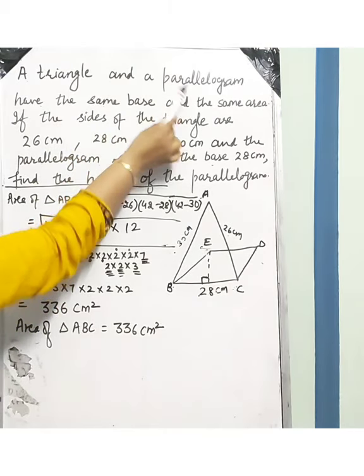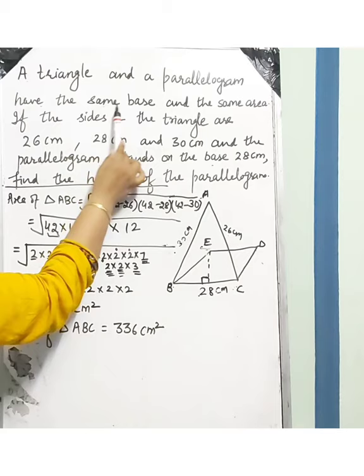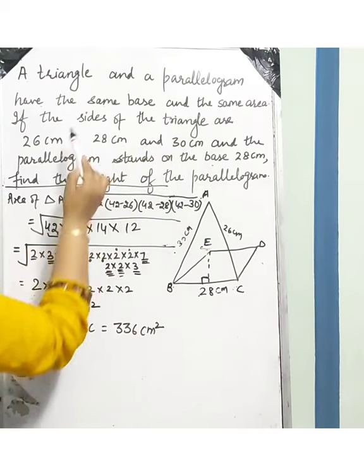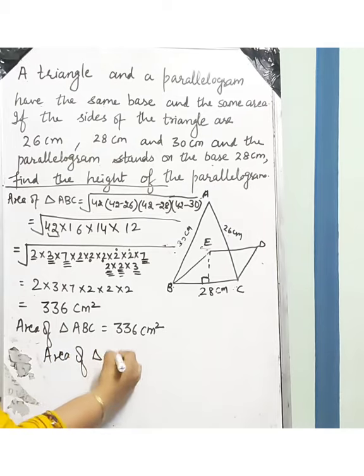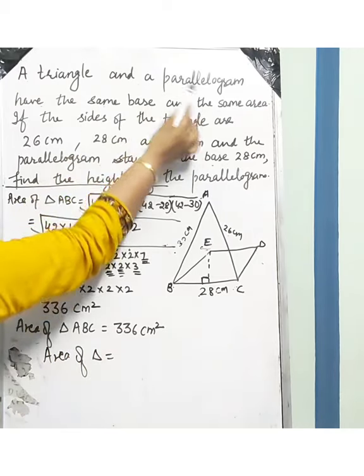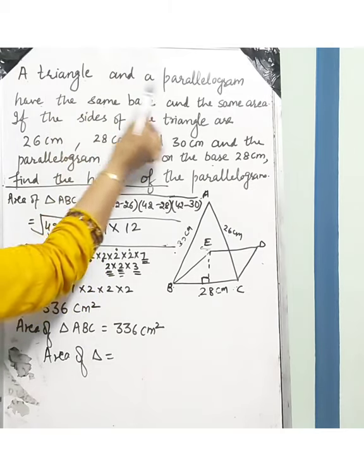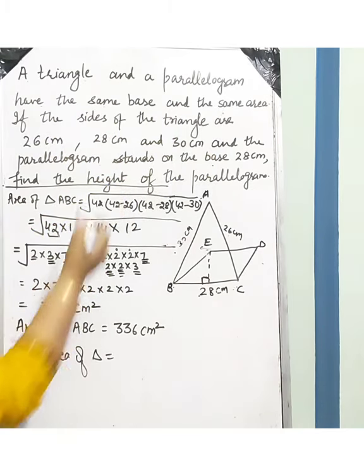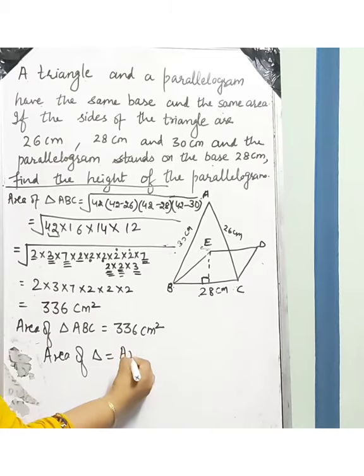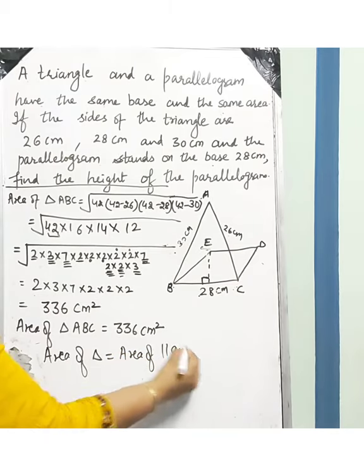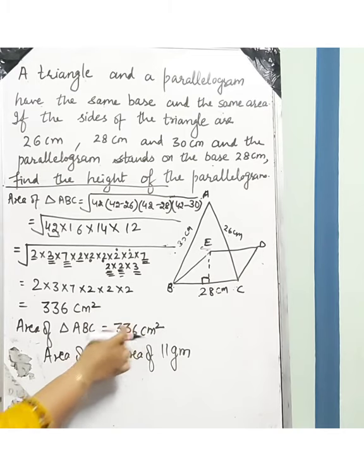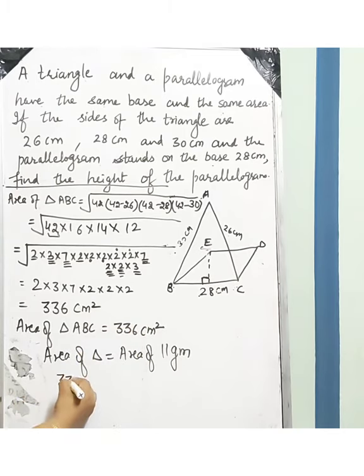A triangle and a parallelogram have the same base and the same area. Area of triangle is equal to area of parallelogram. It is given that area of triangle is equal to area of parallelogram. And we have calculated the area of the triangle. Area of triangle is 336 centimeter square.